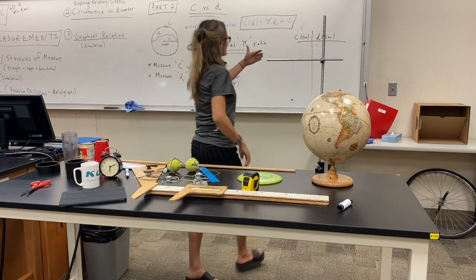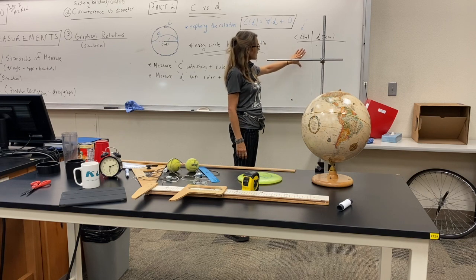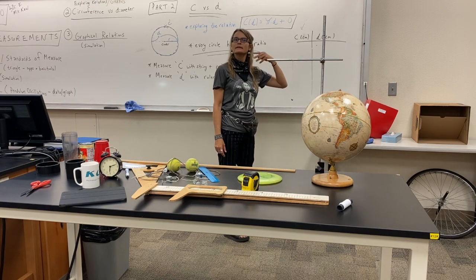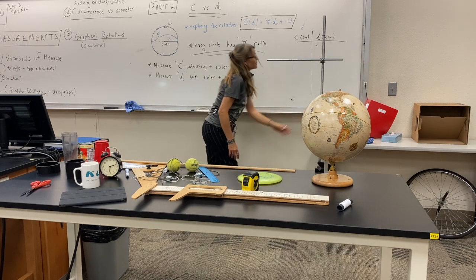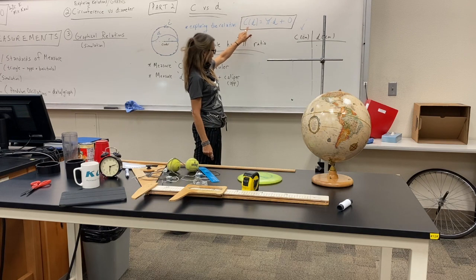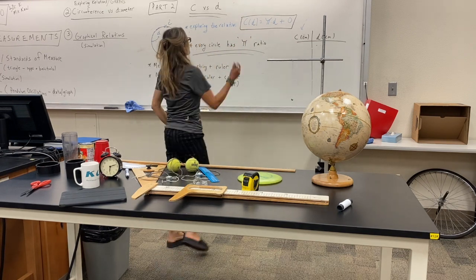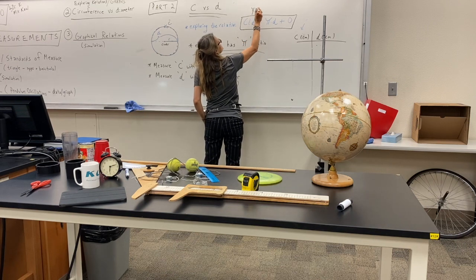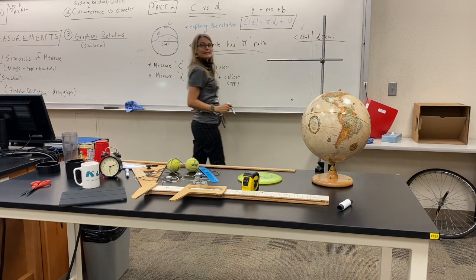So we're going to get as many data values as we can, and then plot this line and get a relationship there to predict the value of pi as our slope. This is like a y equals mx plus b relationship, one of the models we use in algebra for linear relationships.